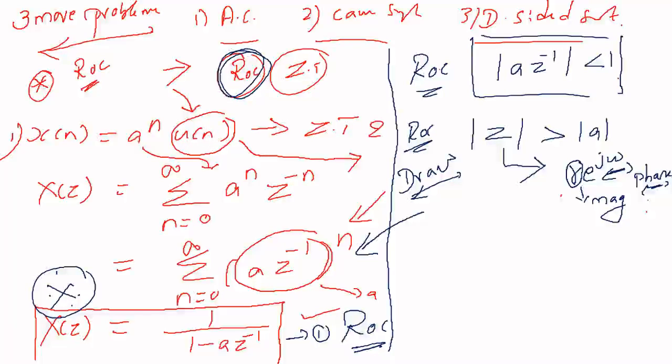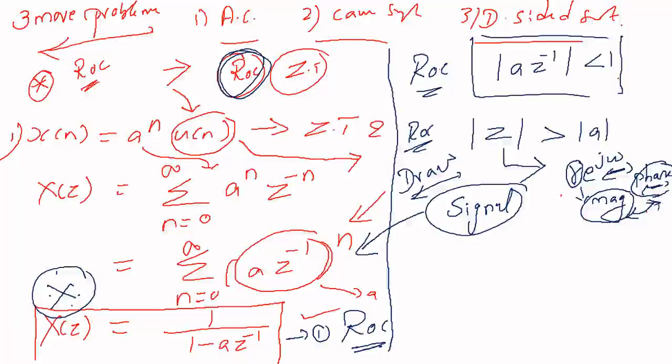I told you already, one alternating signal has two components, that is magnitude as well as phase. Both carry very important information, right? Because we are talking about the complex domain.